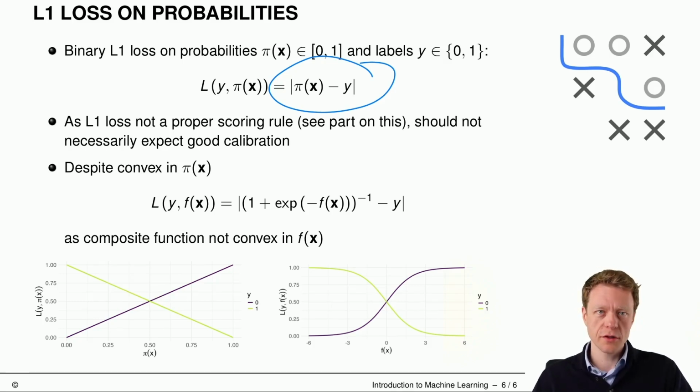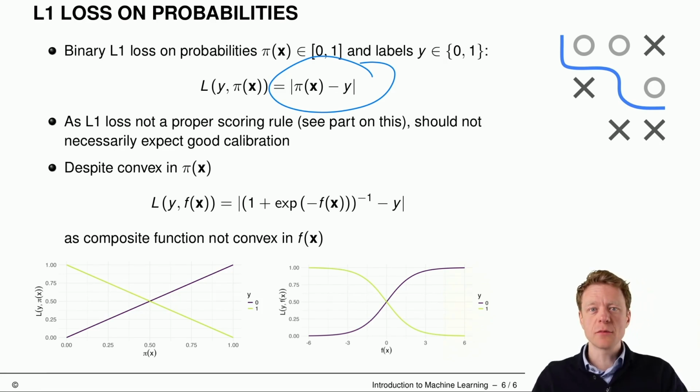So the absolute residual, if you want to call it that. And we already showed in the proper scoring rules chapter that L1-Loss is not a proper scoring rule. So we should not really expect any good calibration characteristics of this L1-Loss on probabilities.